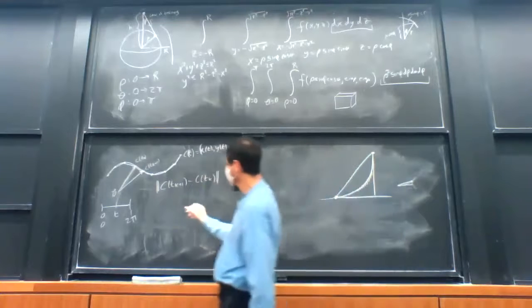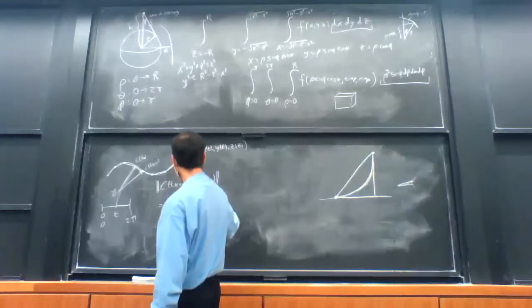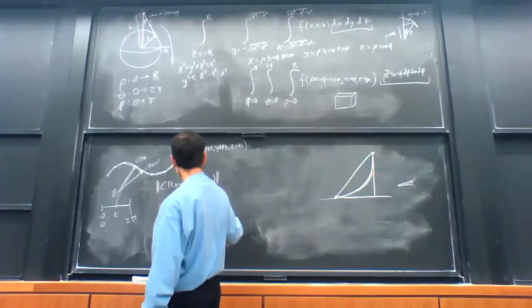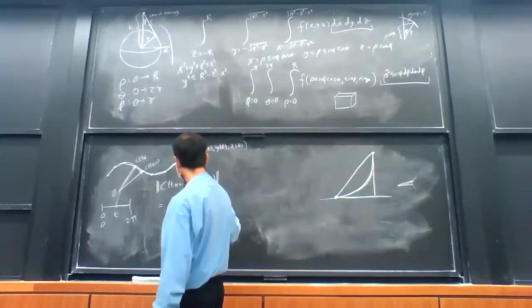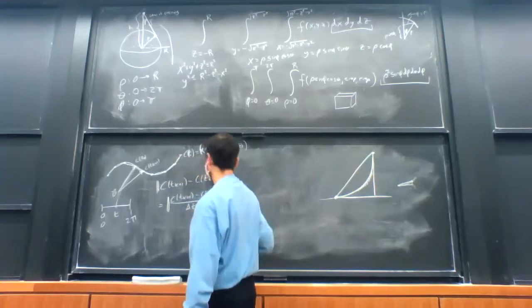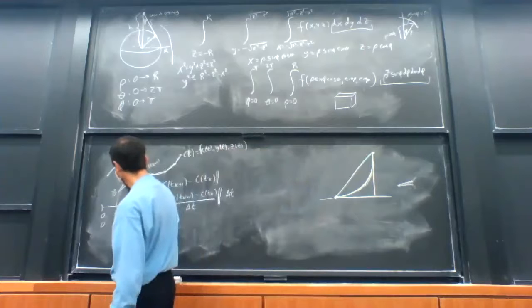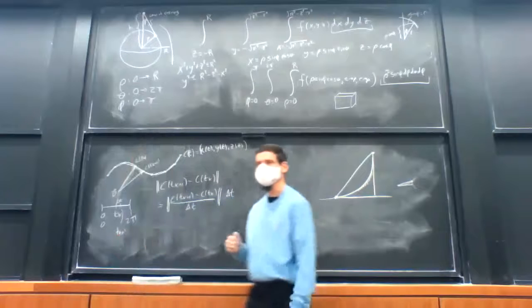Well, what I'm going to do is I'm going to rewrite this as c of t k plus 1 minus c of t k, and I'm going to divide by delta t, and I'm going to multiply by delta t. So I'm going to chop this up. This is k, this is k plus 1, and that distance is delta t.